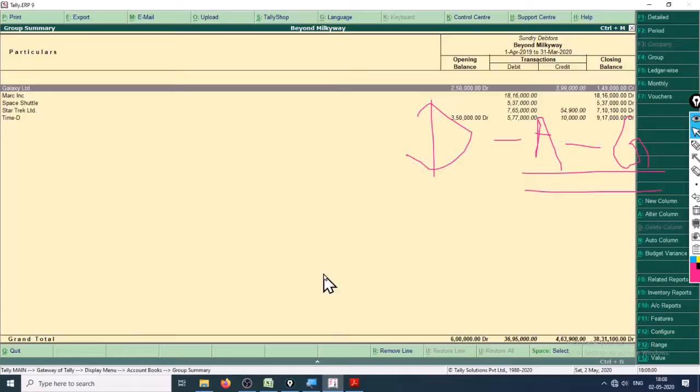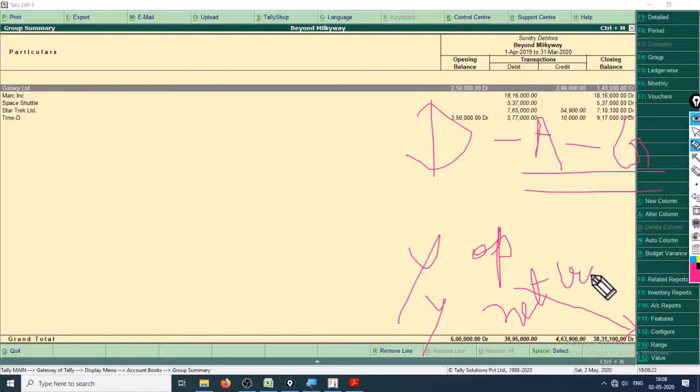Right here, if you incur your next transaction, this right here is the opening. Go to F12. Yes to opening and yes to net transaction. After this you have your opening and you have your closing.